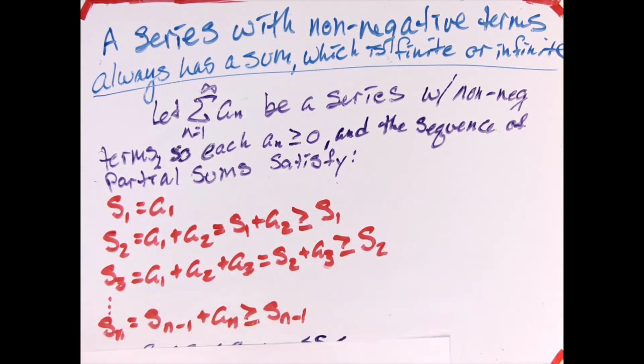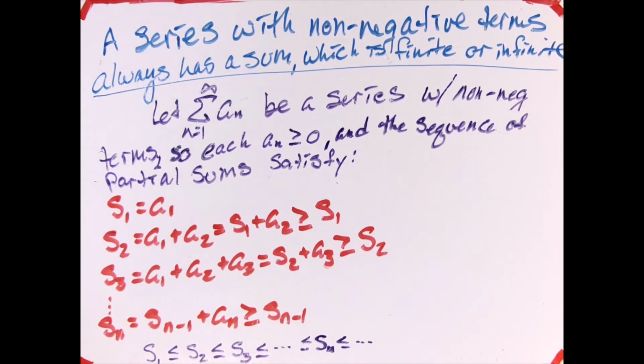And this idea keeps going until I get down to the nth partial sum, which is equal to the n minus 1 partial sum plus the nth term, and that has to be greater than or equal to the previous partial sum, because again this a sub n is greater than or equal to 0.